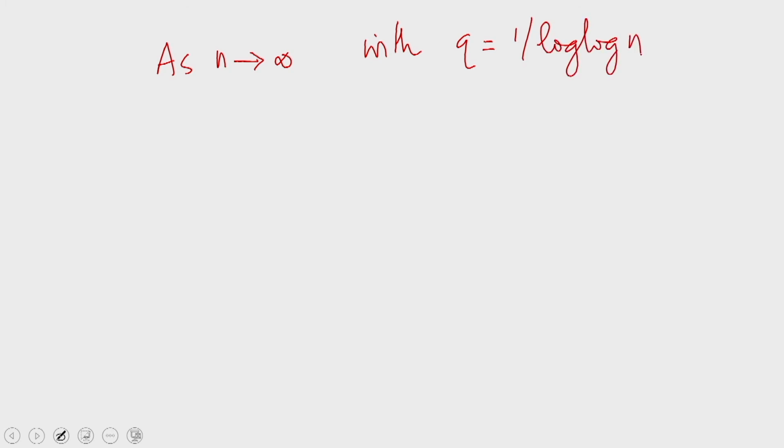But as n tends to infinity, with q equal to 1 divided by double log n, you can show that the quantity in the square bracket goes to 0.